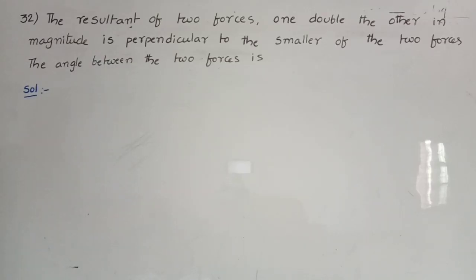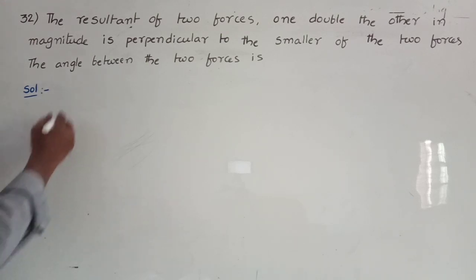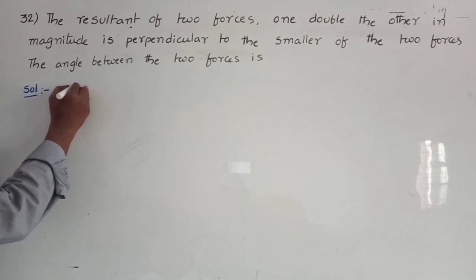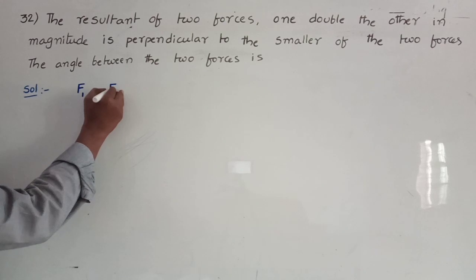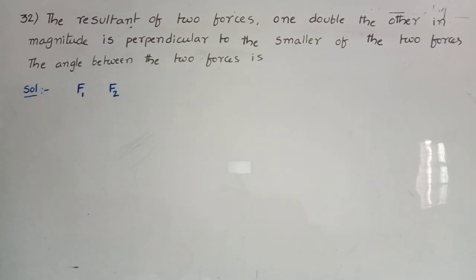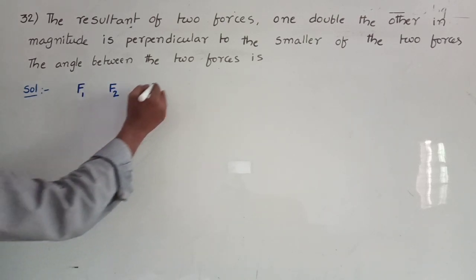Problem number 32. The resultant of 2 forces, one double the other in magnitude, is perpendicular to the smaller of the 2 forces. Find the angle between the 2 forces. Here you take 2 forces, one is F1, the second one is taken as F2. But one is double the other.